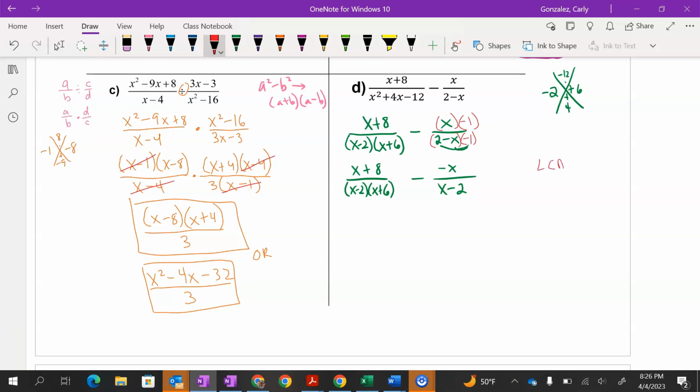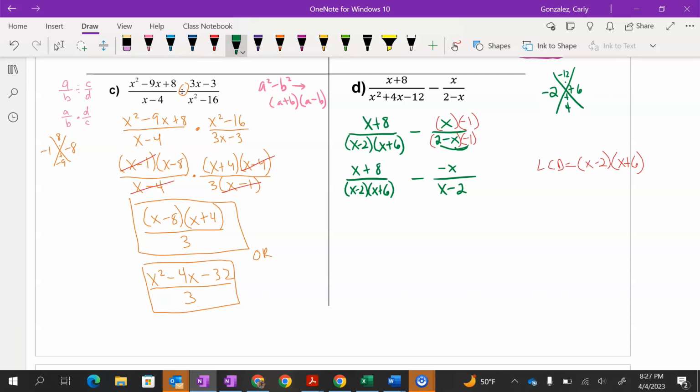So since they both have an x minus 2, we will need an x minus 2, but we'll also need an x plus 6 as a factor as well. So you see on the left, we already have an x minus 2 times an x plus 6, but on the right, we only have the x minus 2.